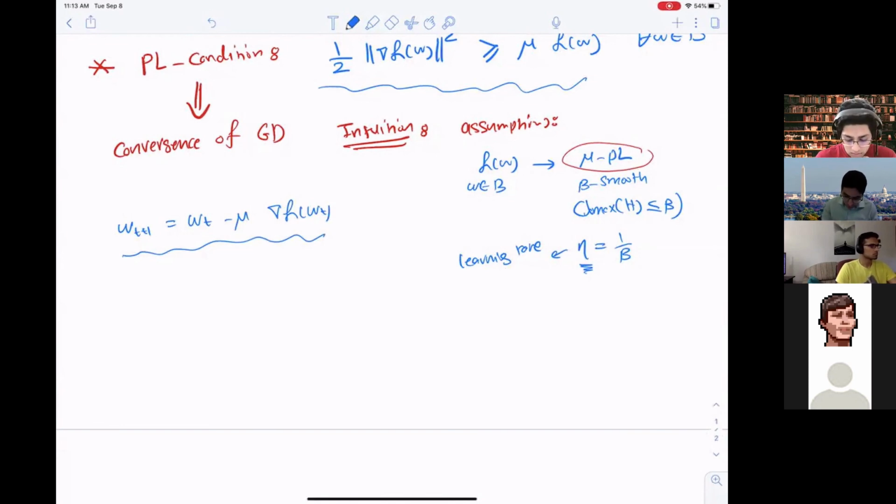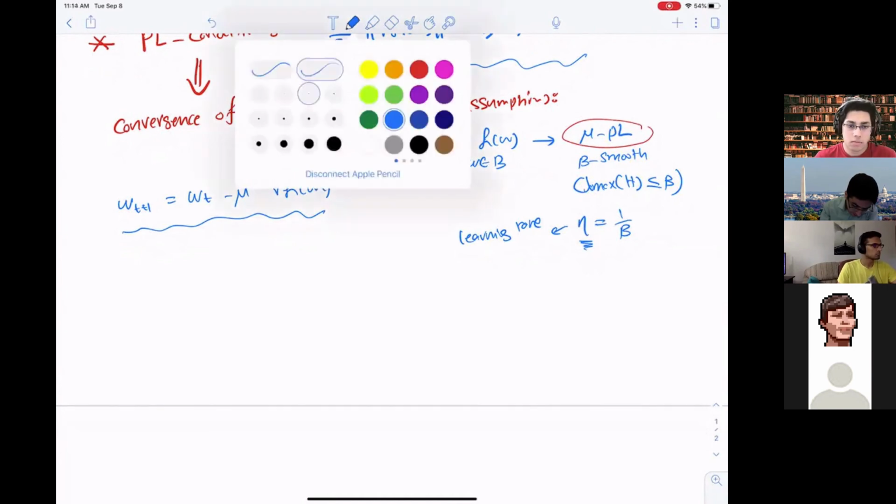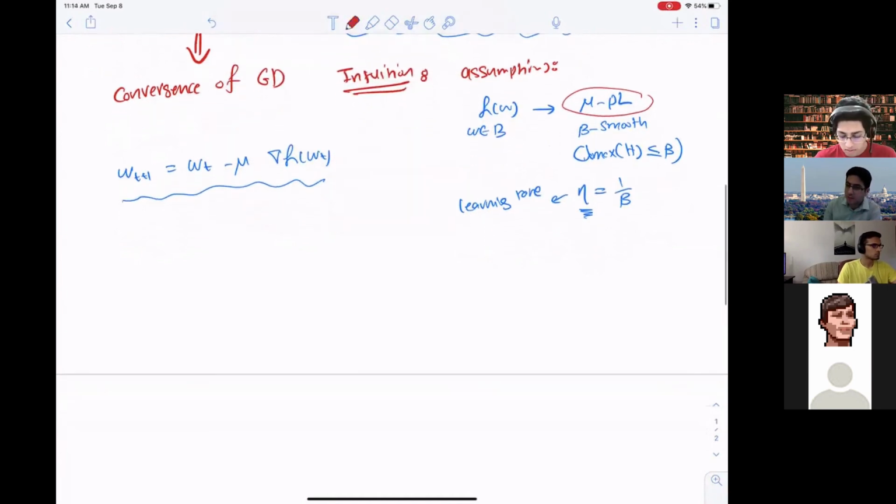Okay, so the first step here, and perhaps a geometric interpretation of the PL condition, comes from just Taylor's expansion. It is quite simple and resembles the proof of convergence in the convex setting, with some differences. So we look at the Taylor expansion around W_t.